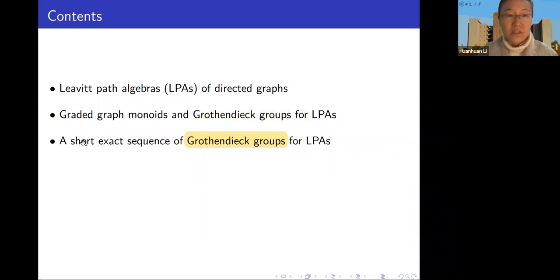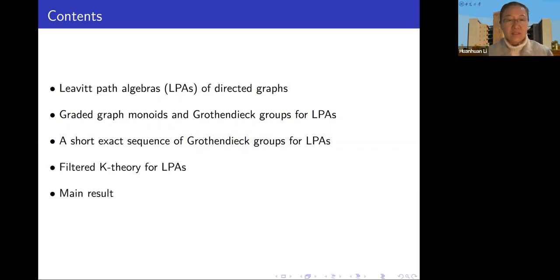For the third part, we will talk about a short exact sequence of Grothendieck groups for Leavitt path algebras. The fourth part is about the filtered K-theory for Leavitt path algebras. And then for the last part, we will have our main result.